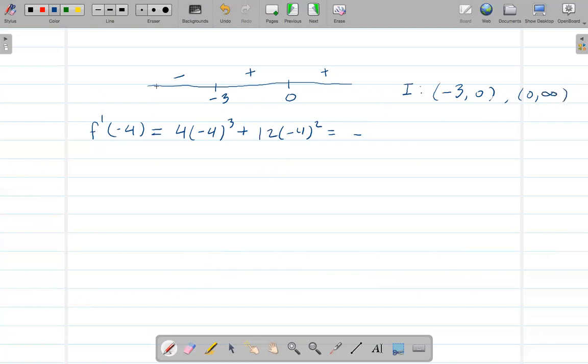All right. And the decreasing interval is from negative infinity to negative 3.